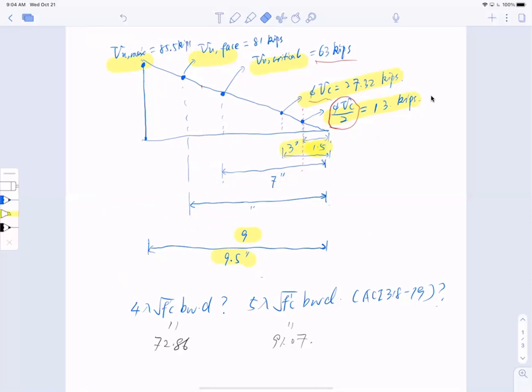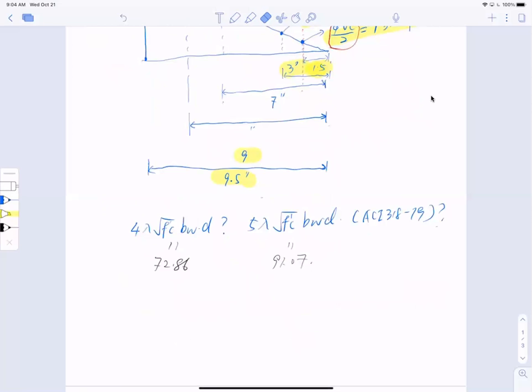They are correspondingly 4 lambda square root f'c bw d and 5 lambda square root f'c bw d. I already calculated them. Just to show you the equation, this equals 4 times 1, because it's normal weight concrete, times square root of 4,000 psi, times the width of the section, and mind you that the section has a bw of 12 inches and depth of 24 inches.